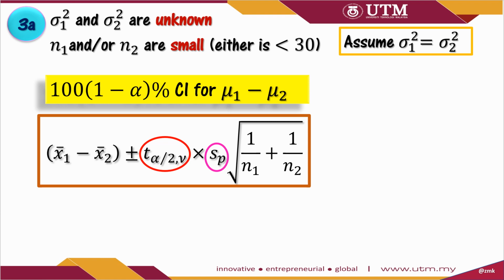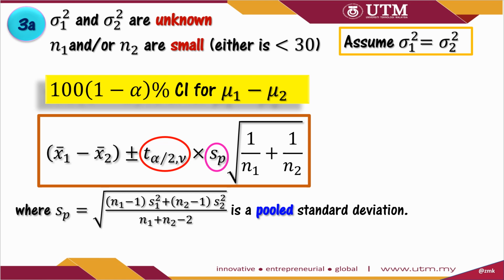By estimating these two unknown population variances with Sp squared and taking the square root of Sp squared, we have Sp outside the square root, where Sp is the pooled standard deviation given by this formula.